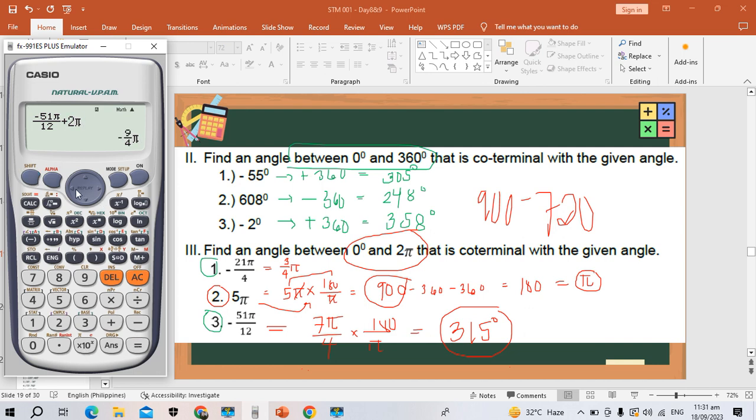Sir, nag-negative po. Hindi pa ako mag-stop, no, sir. Mag-add ka ng dalawa pa. Sir, nag-negative po na decimal. Mali rin po yan kasi negative. So, magdagdag ka pa ng dalawa. Yan. Nag-positive siya. Then, that is the final answer na, which is 315. Okay na po, sir.